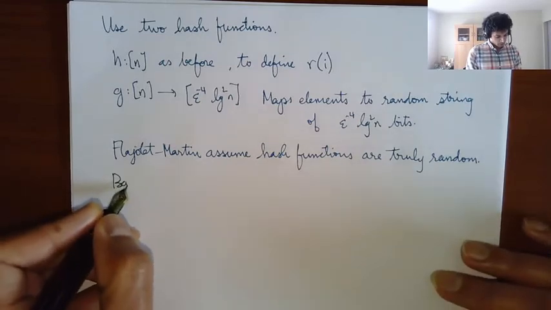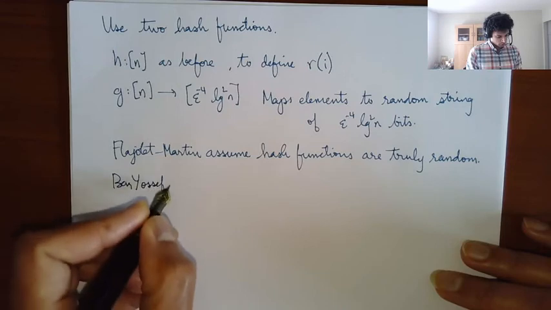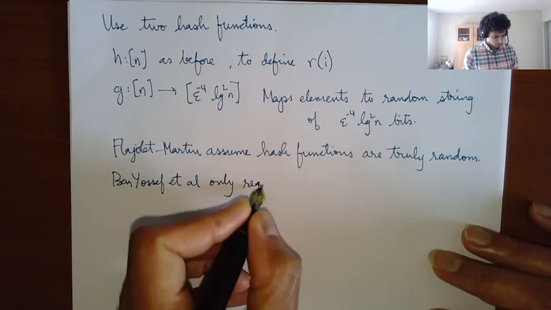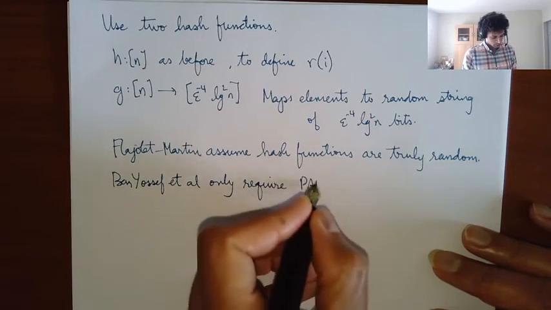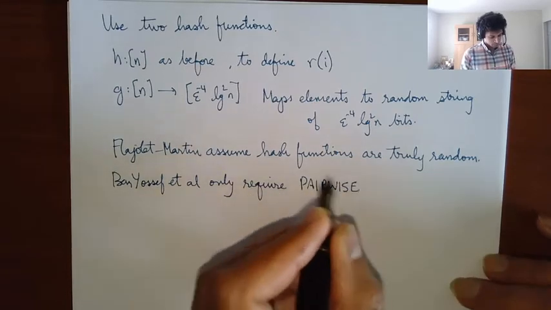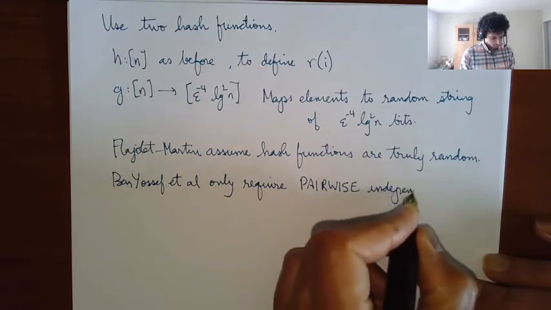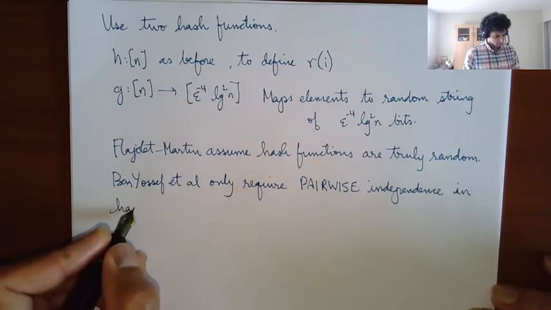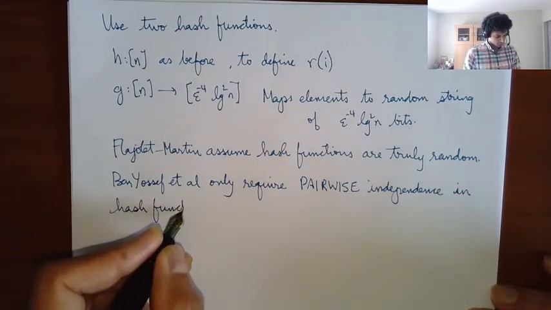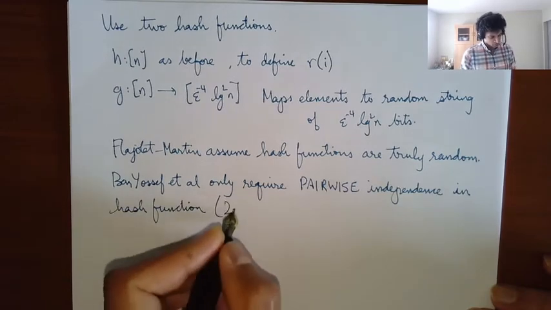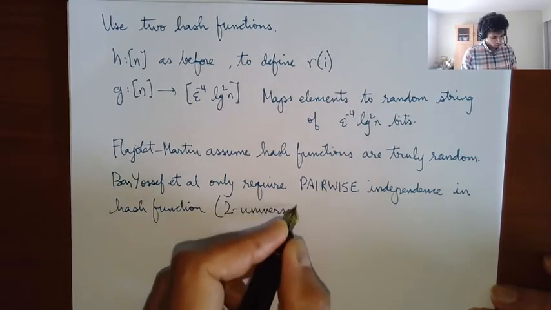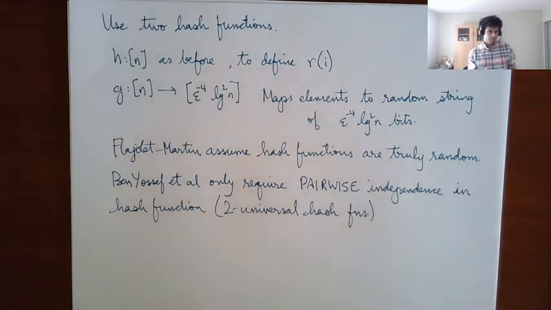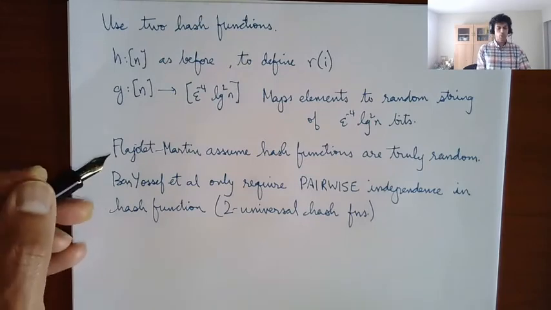Now Bar-Yossef et al. only require pairwise independence in the hash function, and this is also referred to as two-universal hash functions. So they only require pairwise independence, so they require much weaker assumptions.